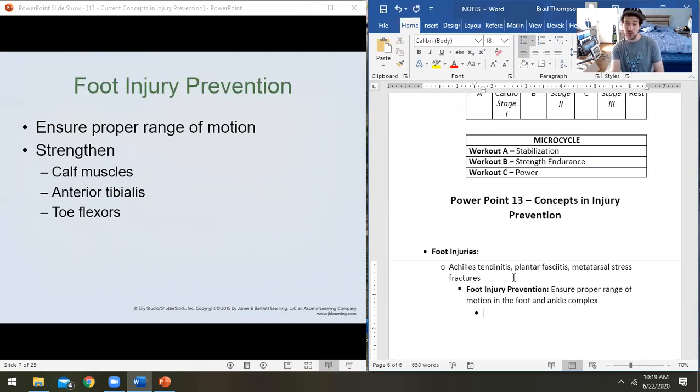That is going to be proper extensibility of the calf muscles and proper strengthening of calf muscles, anterior tibialis, which is huge, by the way, and toe flexors. So toe flexors are also a really big one.